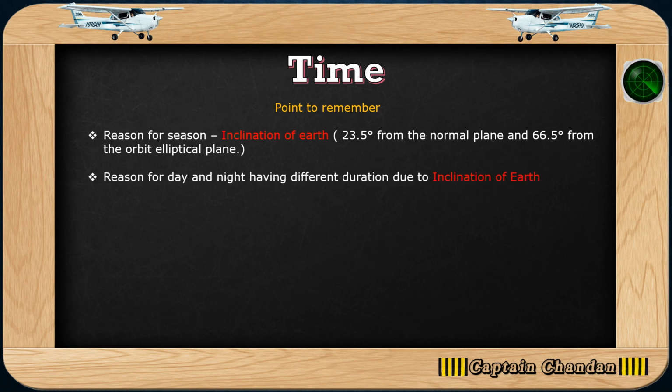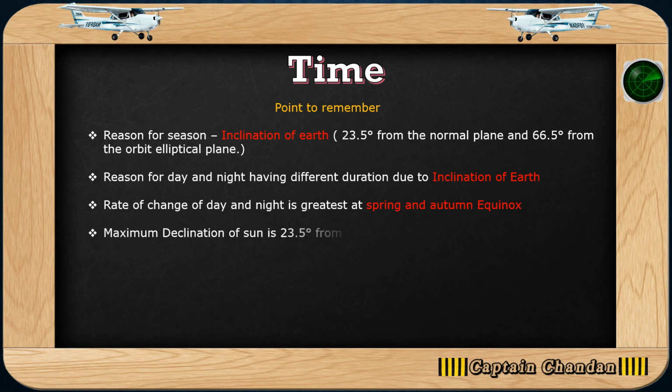The reason for day and night having different durations is the inclination of Earth. The rate of change of day and night is greatest at the spring and autumn equinox. The maximum declination of the sun is 23.5 degrees from the equator and 66.5 degrees from the pole.